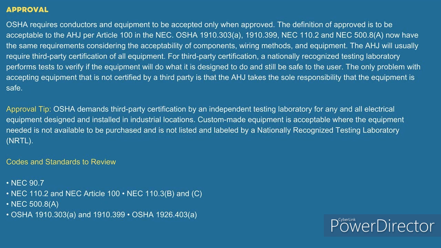The user. So once they do all this testing, that equipment gets a field installed label or it's listed and labeled. It's designed to protect anybody that's going to be using that equipment.